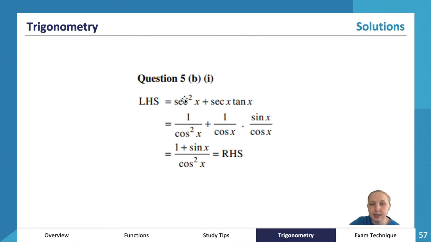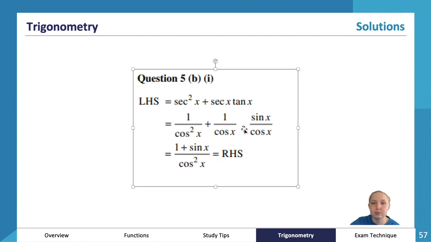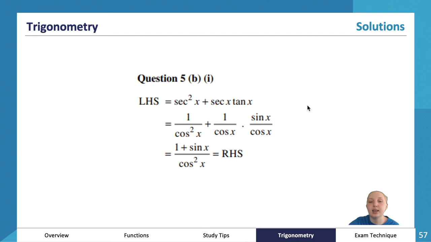Then sec squared x is the same thing as writing 1 on cos squared x, because sec x is just the reciprocal of cos. Then we can write sec x as 1 on cos x, multiplied by tan x. This dot represents a multiplication. And tan x is just sin x on cos x.